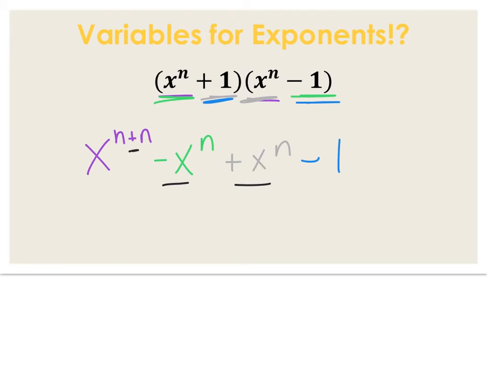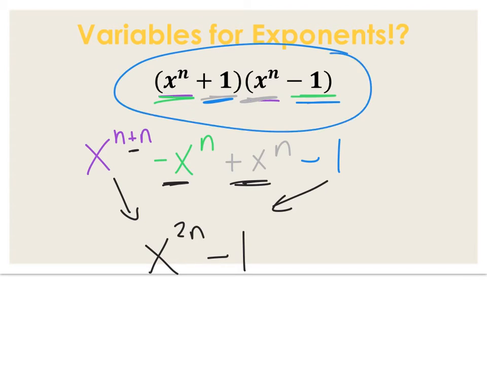So this first piece becomes x to the 2n. n plus n gives me 2n, not n squared, 2 n's. These cancel each other out because they're opposite, and then I'm left with negative 1. So the final answer for this mess of a problem is x to the 2n minus 1, because I added my n's together.